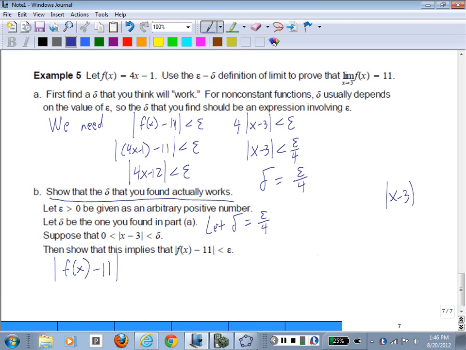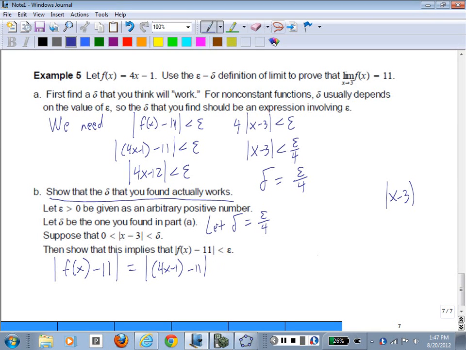So here goes. This equals the absolute value of 4x minus 1 minus 11.